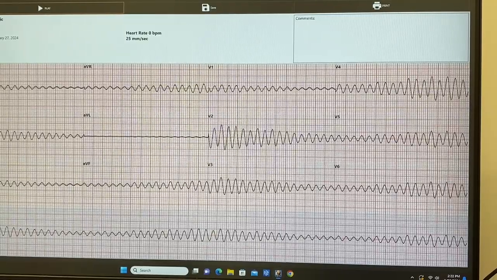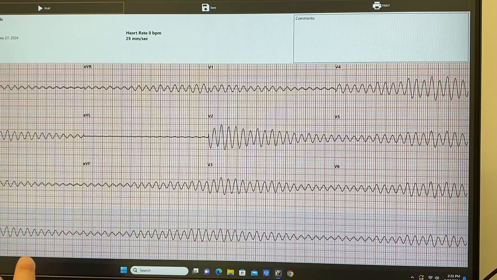As far as the rate, 1, 2, 3, 4 small squares, consistently. So 1,500 divided by 4 small squares is 375. So we know we're tachy.